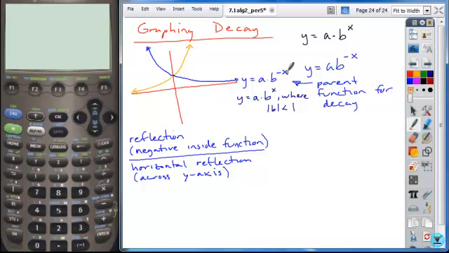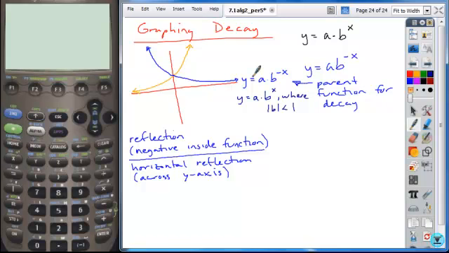The negative inside your function is going to cause horizontal reflection, which makes this graph down here. Now, with all of that said, you don't even need to worry about this because I would suggest your first step be, if you identify a negative in the power, just flip your base and change it to a positive. That way all the rules that we've already talked about will be the ones that apply.